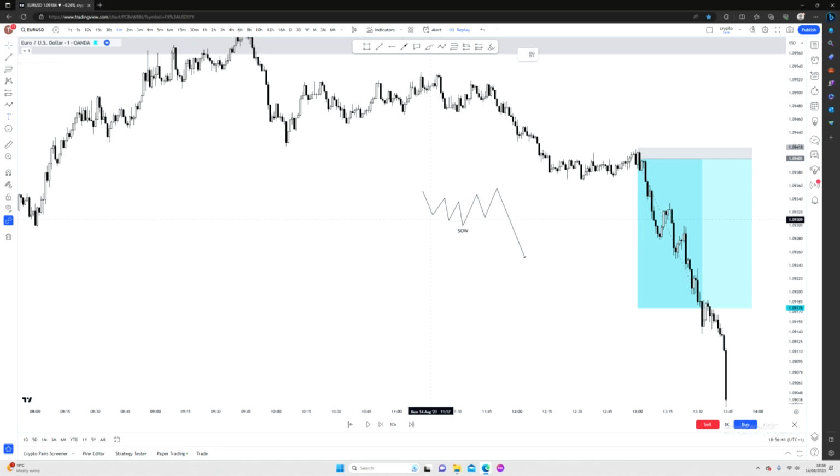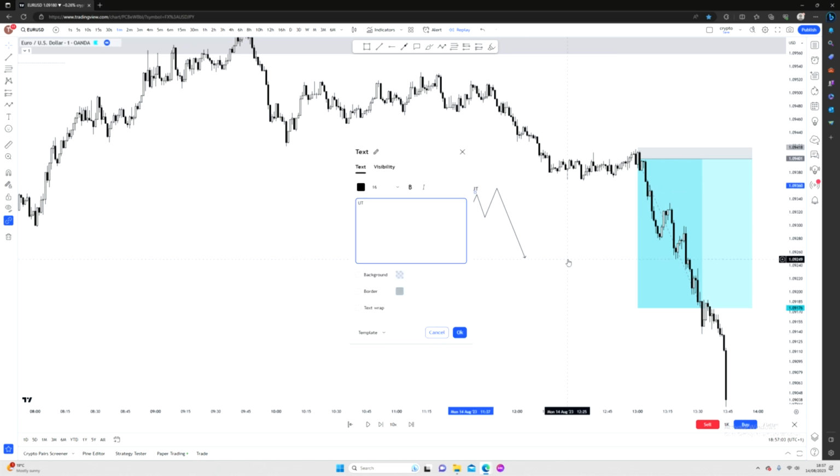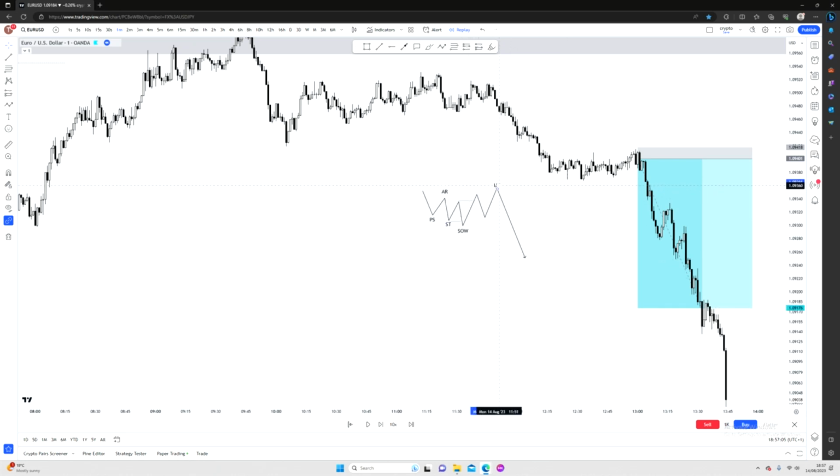You can go ahead and place all the other labels: automatic rally, secondary test, sign of weakness, forgive me, UT, and finally you have the UTAD.